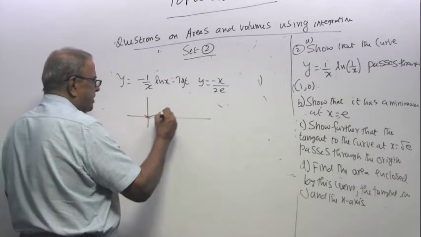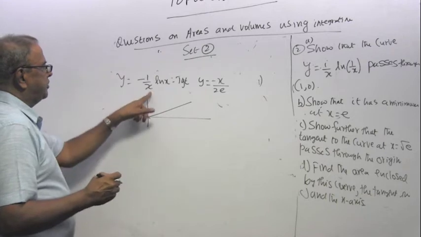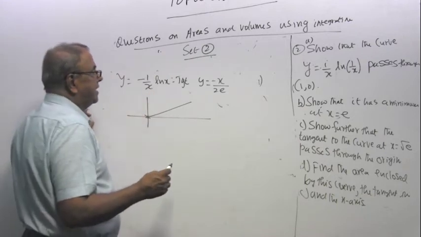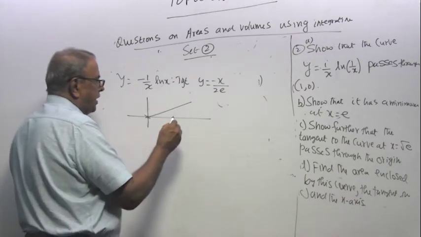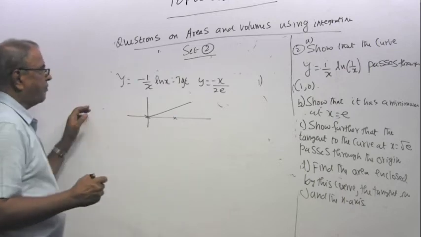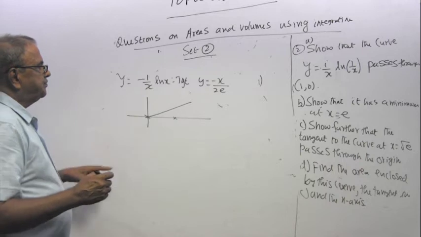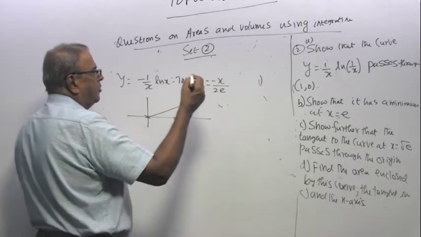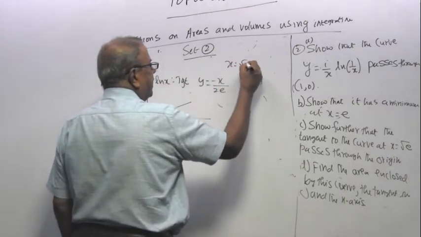There is a tangent, and at x equal to 0, y tends to infinity. And when x is 1, y is 0. When x is 1, ln 1 is 0. And there is a tangent. What was the point? x equal to root e.